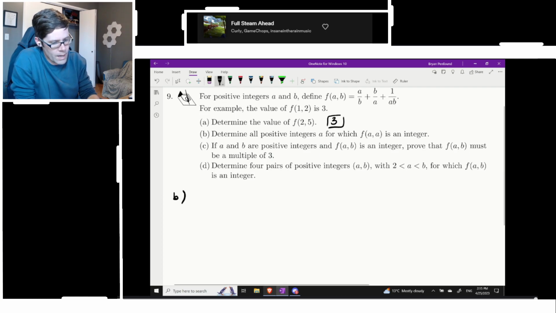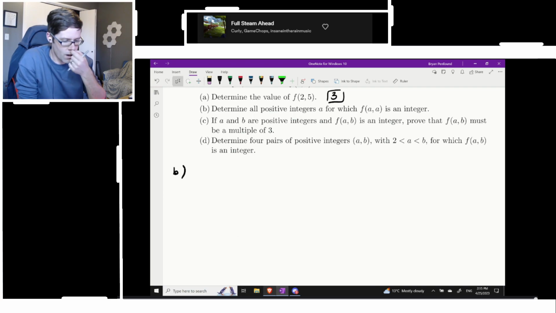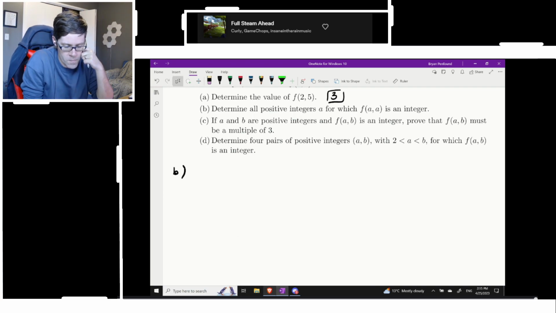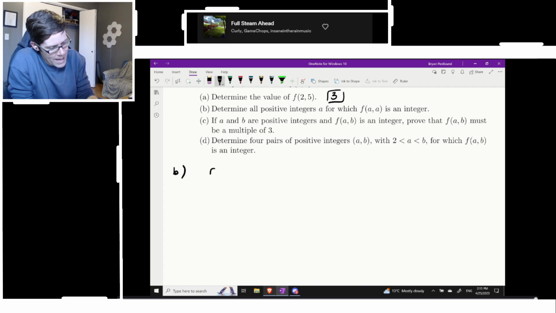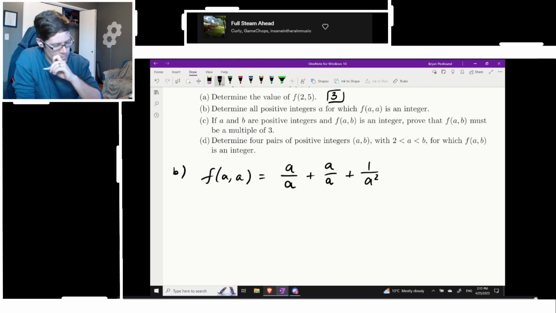Okay, well, let's start setting up B. So B asks us, determine all positive integers a for which f(a,a) is an integer. So we need a over a plus a over a plus 1 over a squared to be an integer. Is that true? So we need 2 plus 1 over a squared to be an integer?